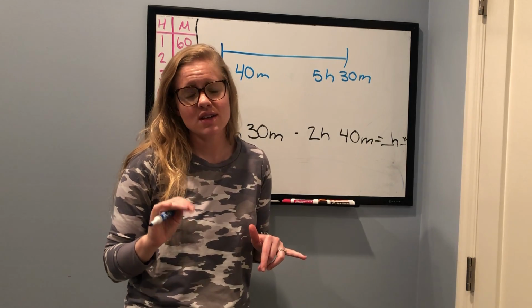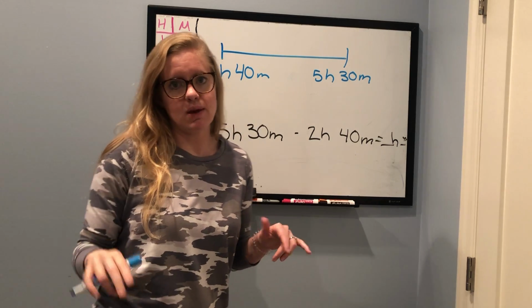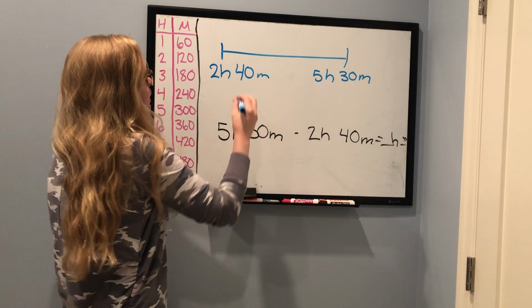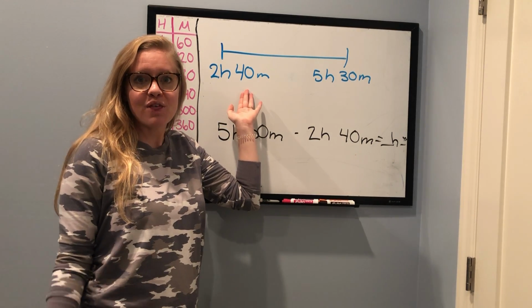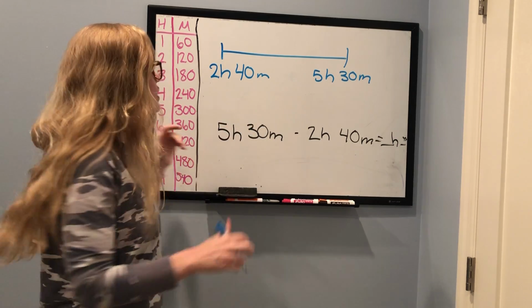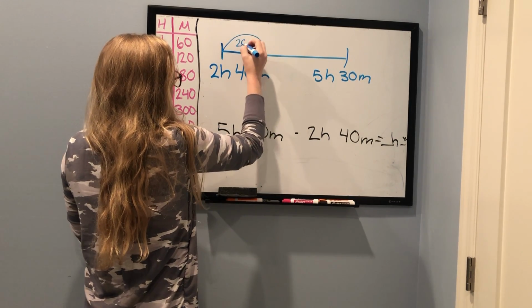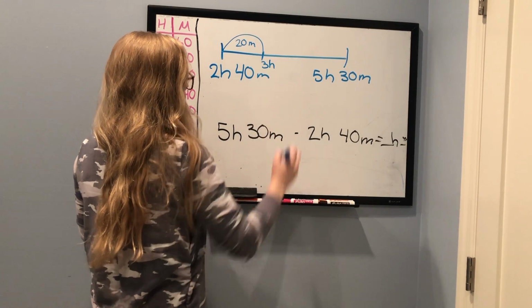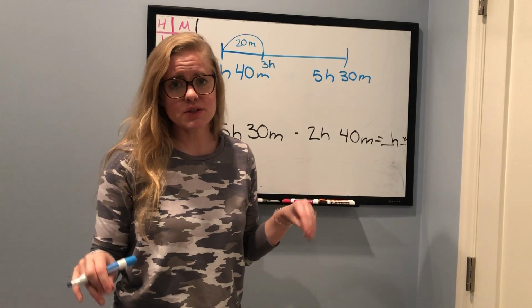I always add the minutes to go to the next hour. That's an easy jump for us to make. So I have 2 hours, 40 minutes. How many minutes till I get to 3 hours? That's right, 20 minutes. So I'm going to jump 20 minutes. Now I'm at 3 hours flat.